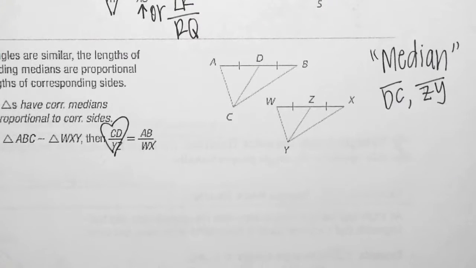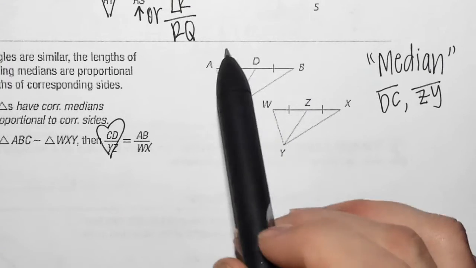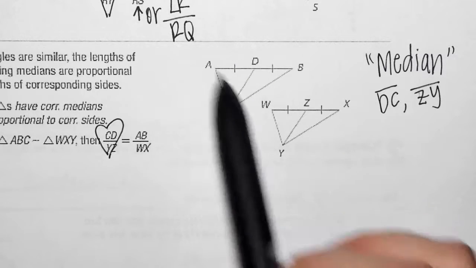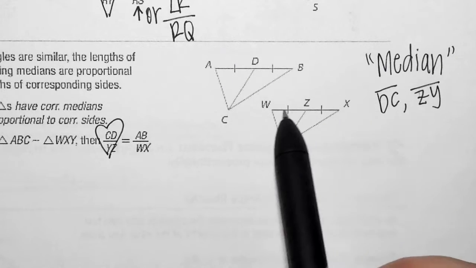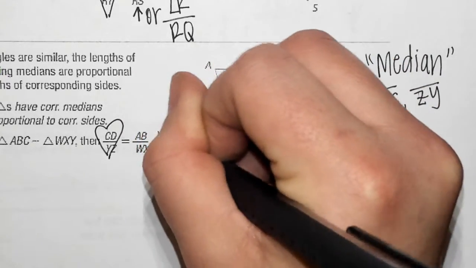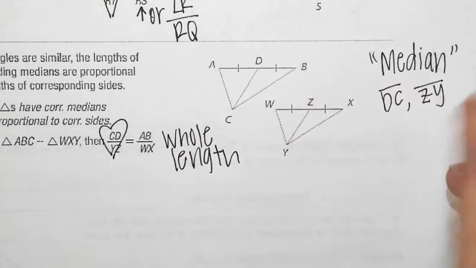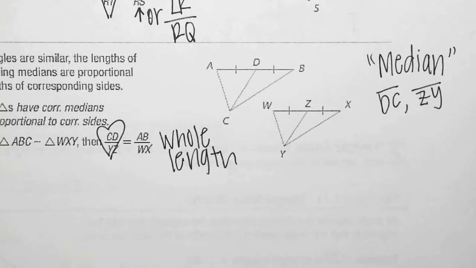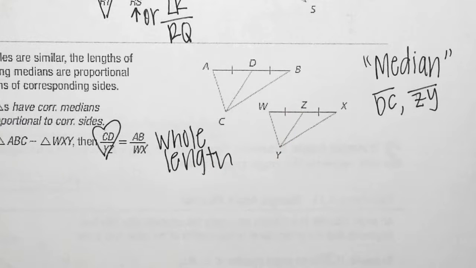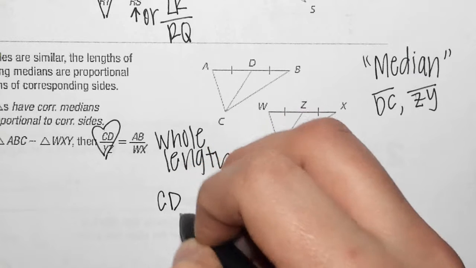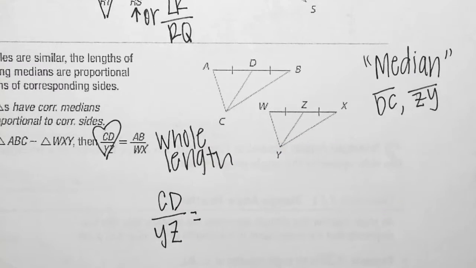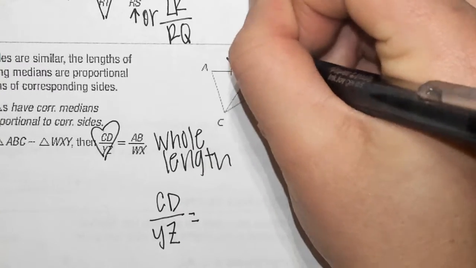However, you would set your second one to be the whole thing. AB is to WX. So this is the whole length. But here's the deal. Isn't AD the same as DB? Okay, so if you're going to use this median and you're going to say CD is to YZ, you can also set those proportion to just half.